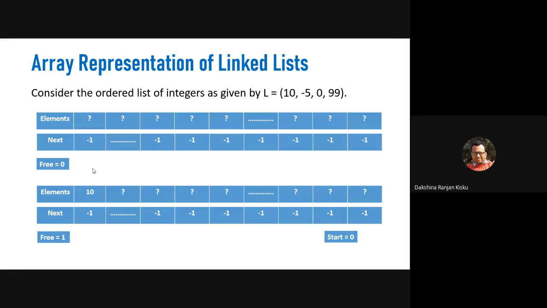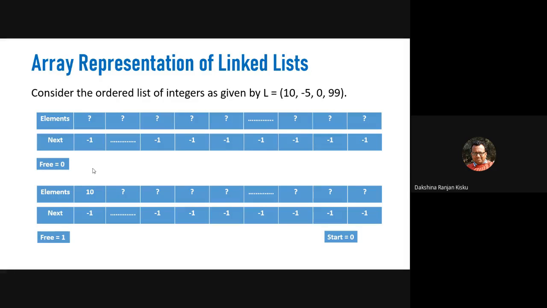Okay, when the first element of the list, 10, is to be inserted at the zeroth index position in the elements array, then we can see that free becomes 1, because the zeroth index position is occupied.